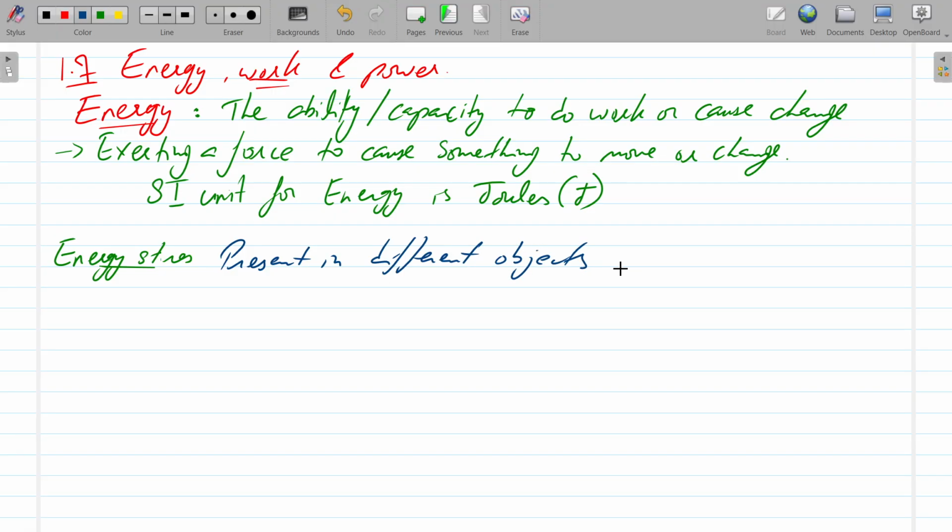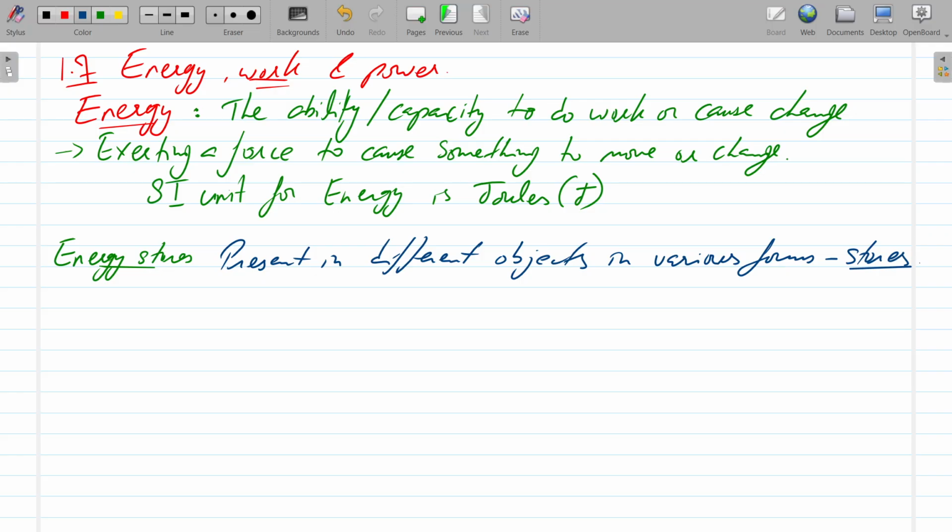Different objects in various forms, right? And those various forms are called stores of energy. Examples are kinetic energy, gravitational potential energy, chemical, elastic, nuclear, electrostatic, internal or thermal energy.